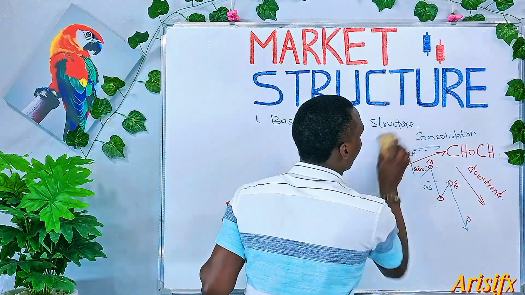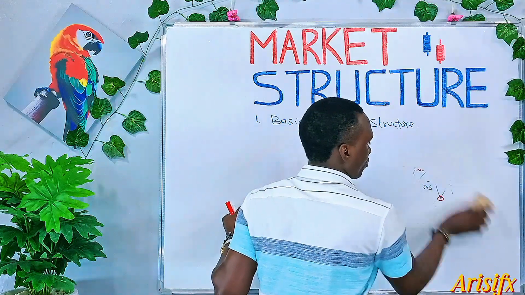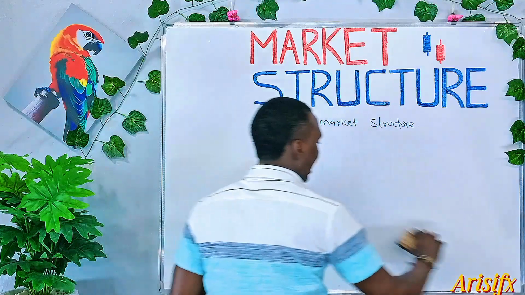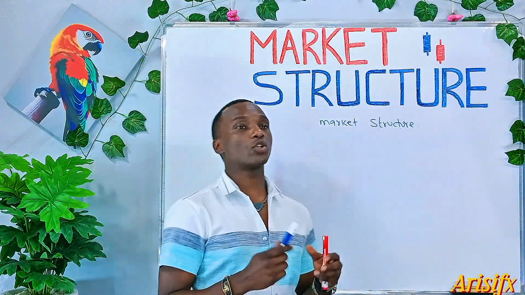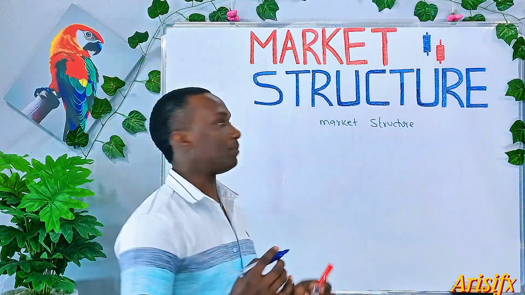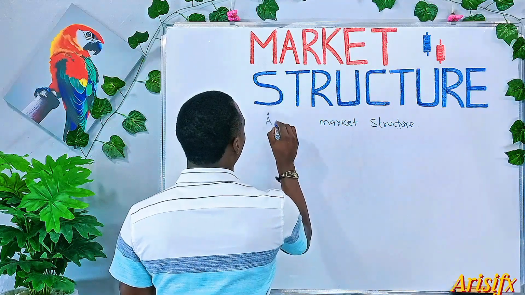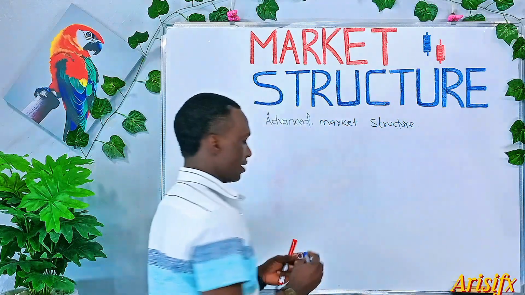So just know that the combination of basic market structure knowledge, advanced market structure knowledge, and multi-dimensional structure knowledge is going to help you to trade profitably. So here we are going to look at the advanced market structure.